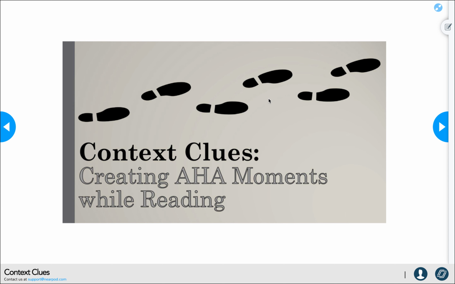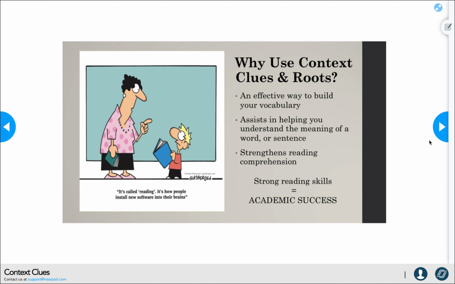You're using context clues. Have you ever walked up on a situation where you're not sure what's happening, but you start listening to people, kind of paying attention to what's going on, and you figure it out? You've used context clues. So we use them all the time in all kinds of interactions, not just reading, and they're just very helpful.